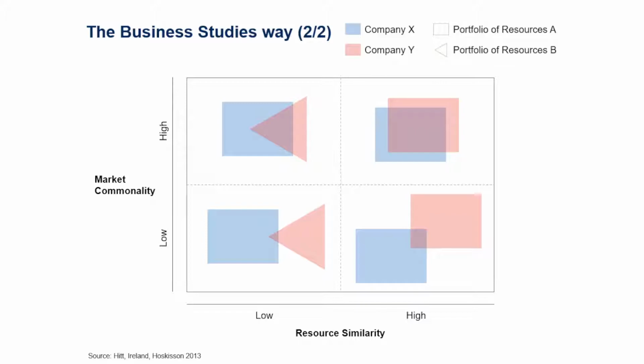The products are imported from Japan, is quite higher end, and it's very much targeting the niche of Japanese customers or Thai customers that would like to shop very specific Japanese products. So therefore, the resource similarity is not very high, and the market commonality is also not high.